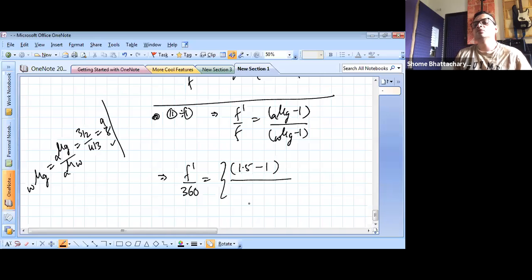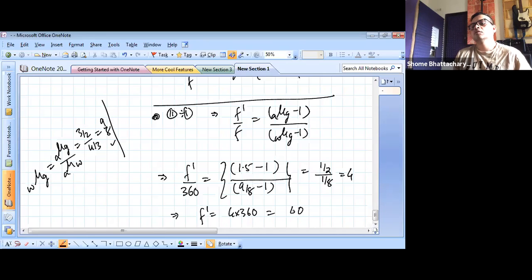So substitute this over here. So that is 0.5 or 1 by 2 divided by 9 by 8 minus 1 or 1 by 8. This will become 4 times. So the focal length will become 4 times 360, so that's 14.4 meters.